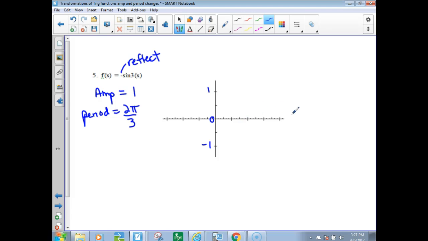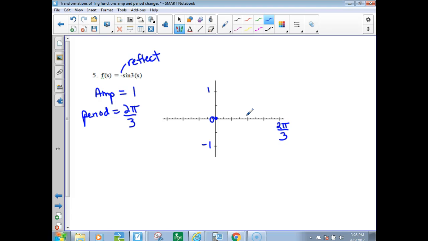And then going horizontally on the x labels, this is a sine wave, so we know we're going to start here. We need 5 key points: 1, 2, 3, 4, 5. That's where we would want it to end. That's where I'm going to put the 2 pi over 3.